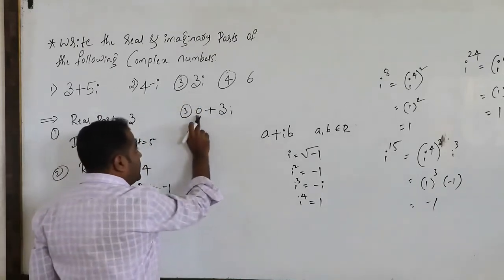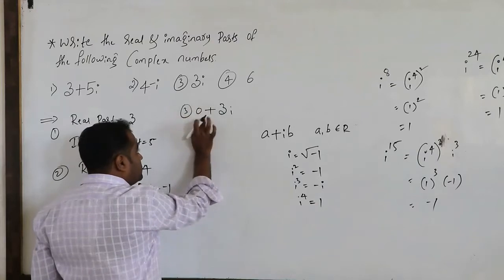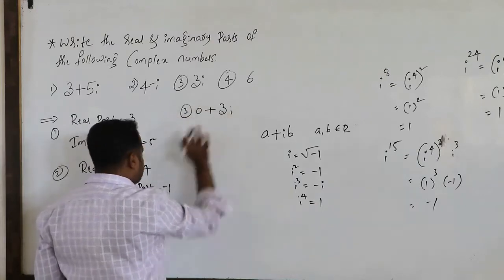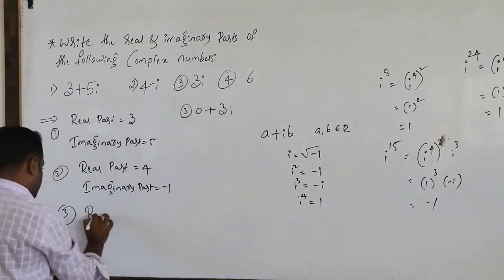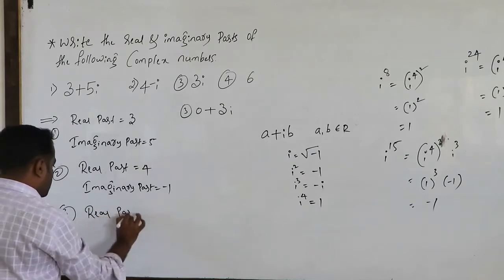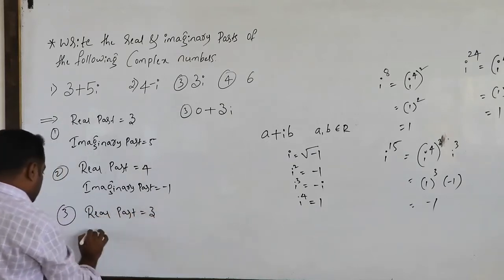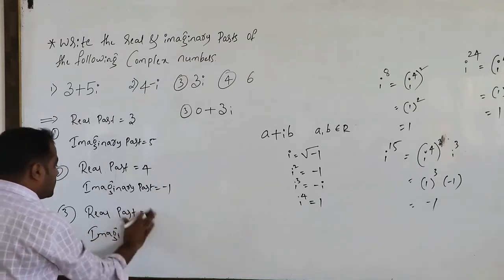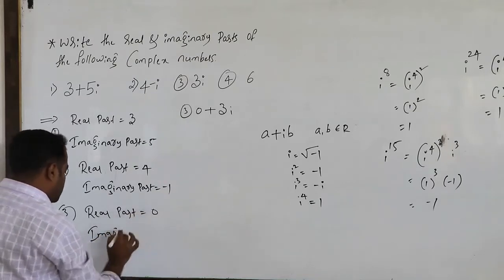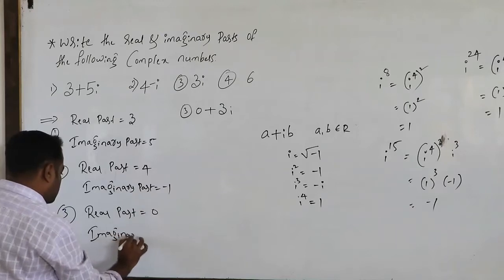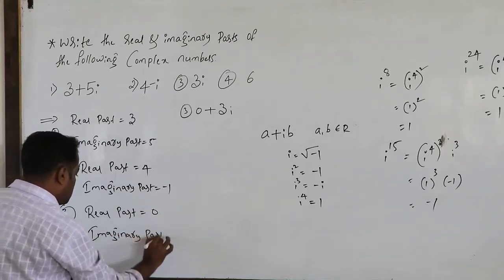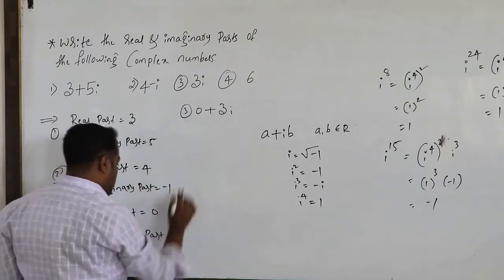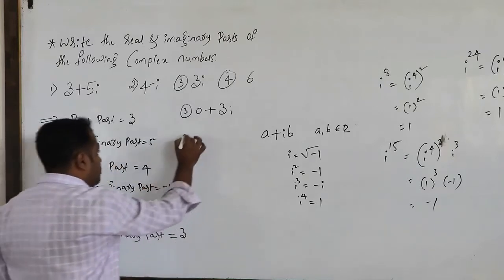In the form of a plus ib, the real part is 0 and the imaginary part is 3.